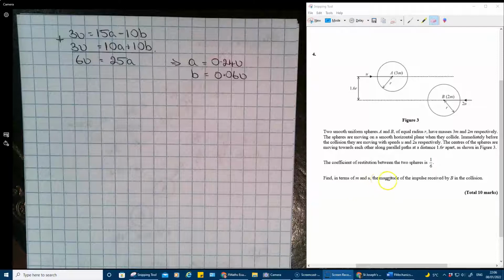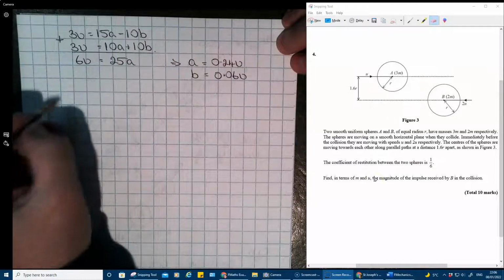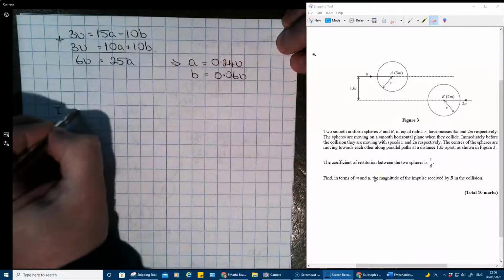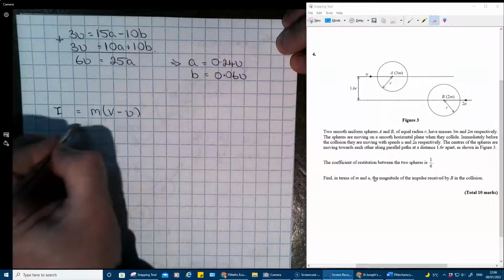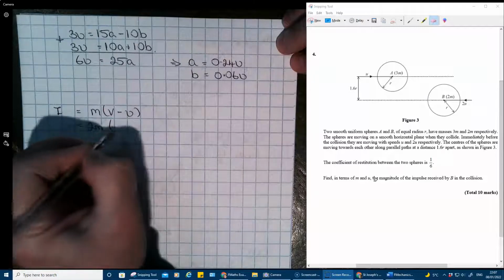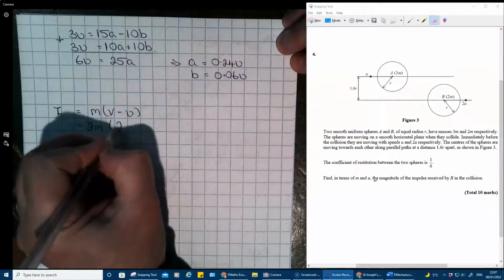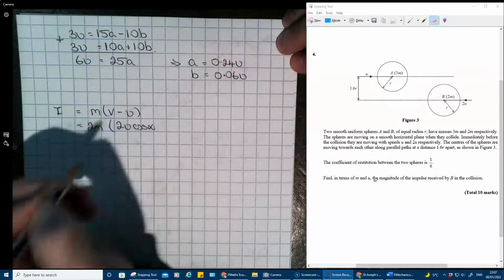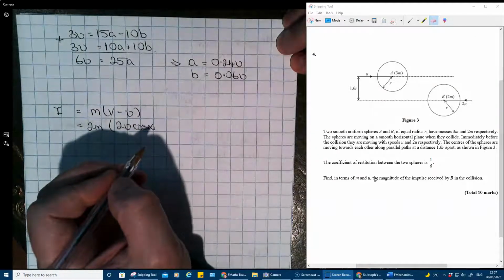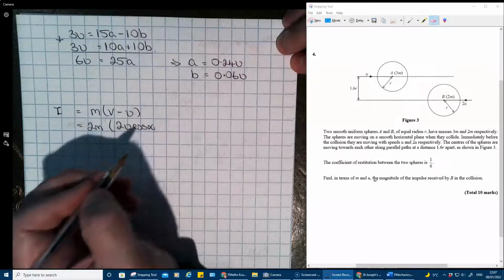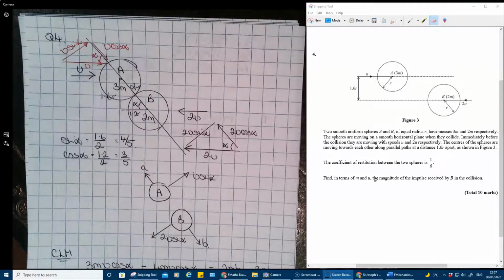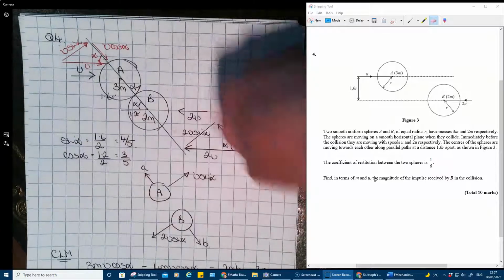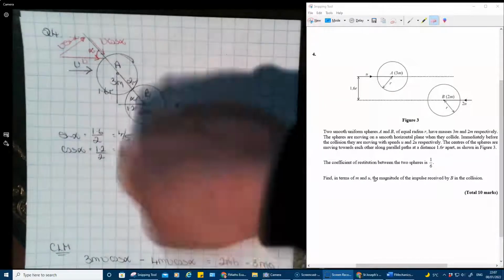Right, now I've got to find the magnitude of the impulse received by B. So the impulse is mass times change in velocity. The mass is 2m. The velocity initially is 2u cos alpha. And then afterwards is, I've got my diagram now. Okay, afterwards, sorry, before it's 2u cos alpha, afterwards it's minus b in the other direction.